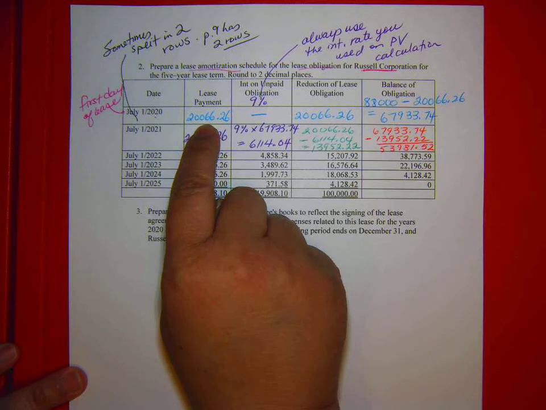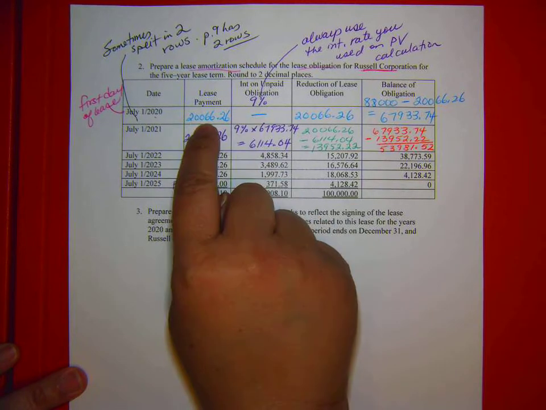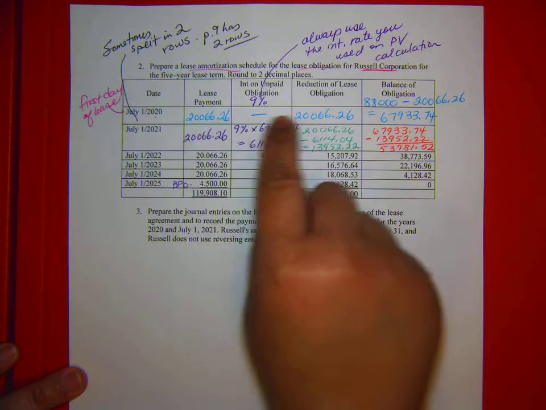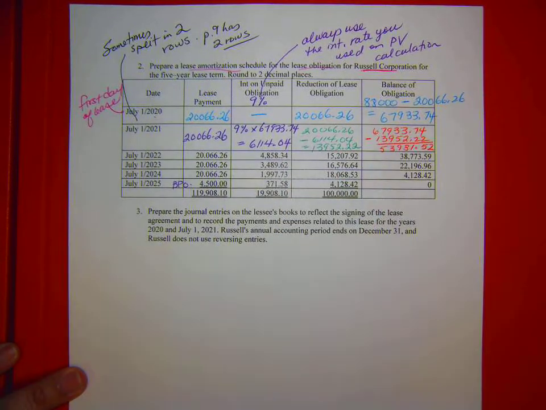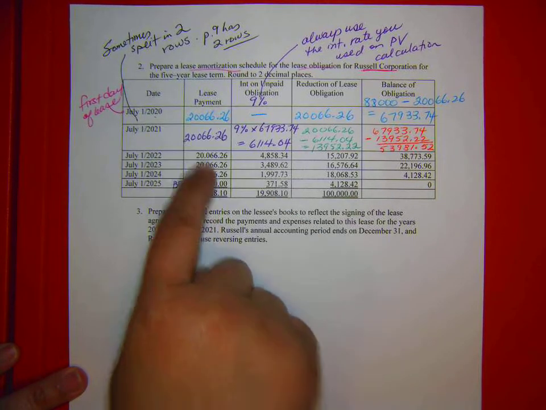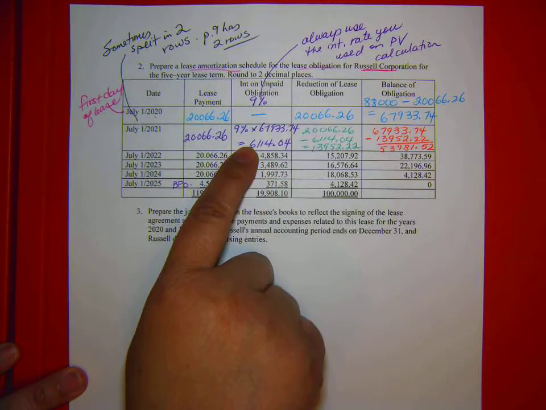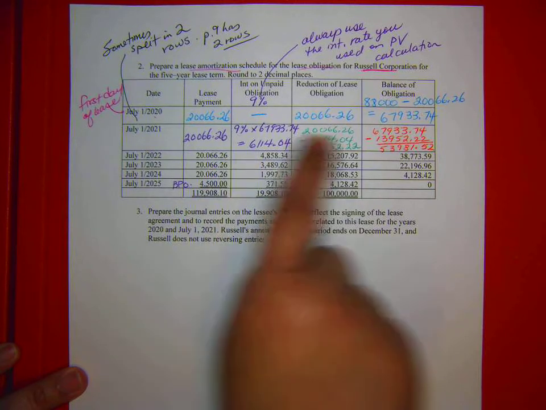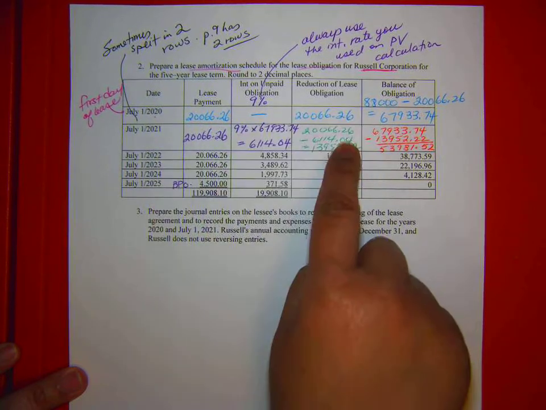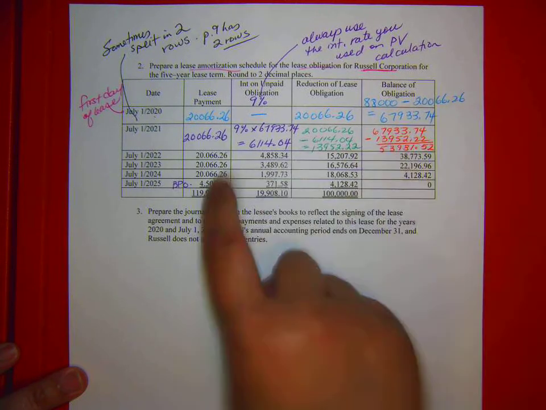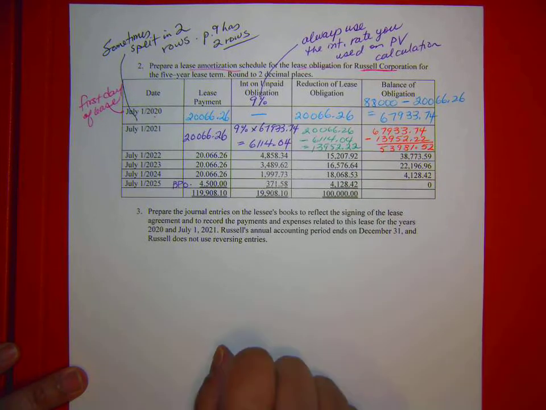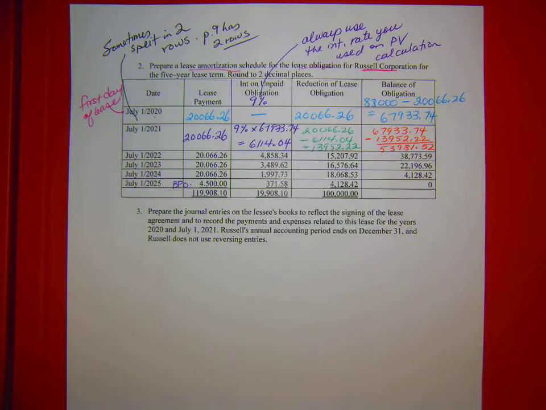The lease payment right up front doesn't have any interest because it's day one of the lease, so it all goes to the principal. That's why we took off the whole thing. But from there, everything else follows just like a bond. Same payment all the way down. You use the rate that you used on the present value calculation. You subtract these two, that's going to be your principal, and you take the principal amount off the principal balance from last year. And work your way down, and you should get to zero at the end. Questions?